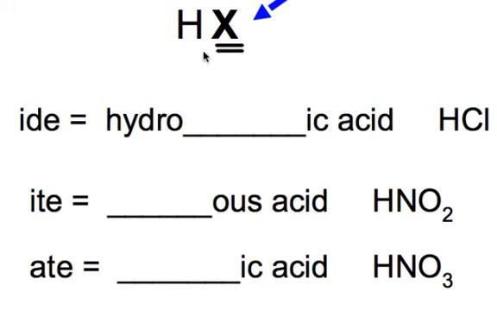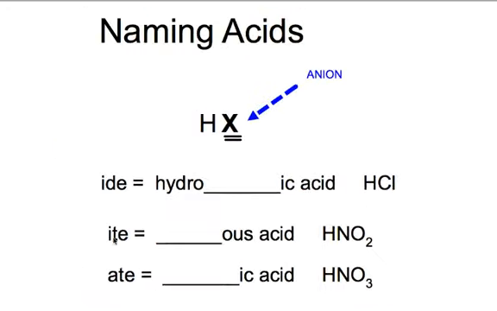If the anion ends in "ite," like nitrite, hydrogen nitrite, then it's nitrous acid. That's the "ite" rule. If it ends in "ate," like nitrate right here, hydrogen nitrate, it's nitric acid. So there's the "ide" rule, the "ite" rule, and the "ate" rule.